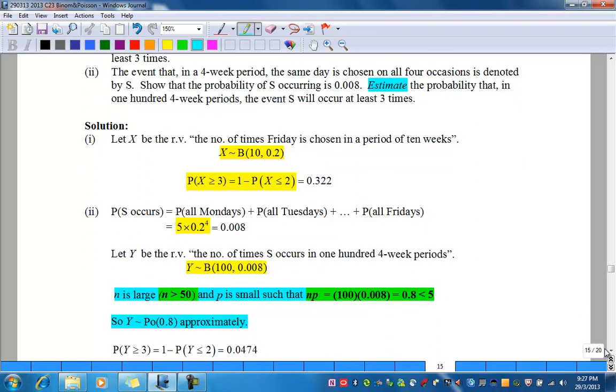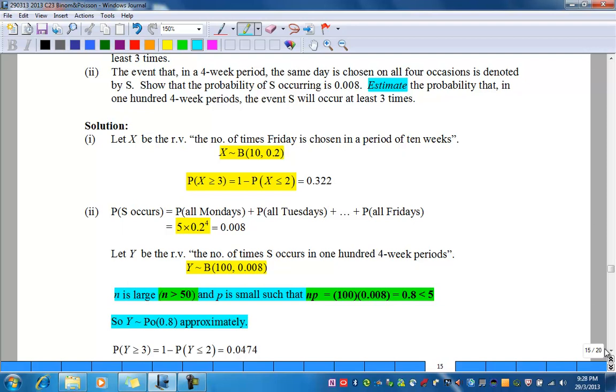We need to define another variable y, the number of times S occurs in 100 4-week periods, and therefore y follows a binomial with n as 100 and the probability of S occurring is 0.008. And by checking that n is large, which is more than 50, and p is small, such that np equals 0.8, which is less than 5, y now follows a Poisson distribution with lambda 0.8 approximately.